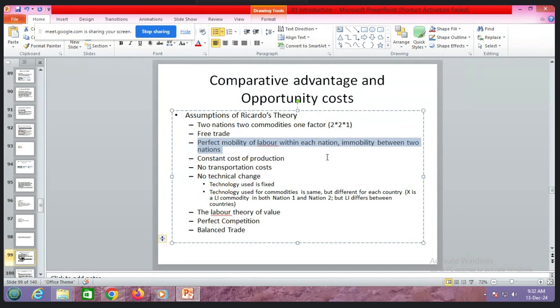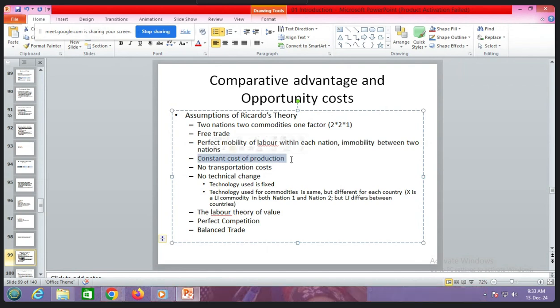So an important aspect here is that there is perfect mobility of labor within each nation, but there is immobility between the two nations. That is immobility of labor between two nations. So labor is fully mobile within each nation, which means that the wages will be same across all the places within the country.